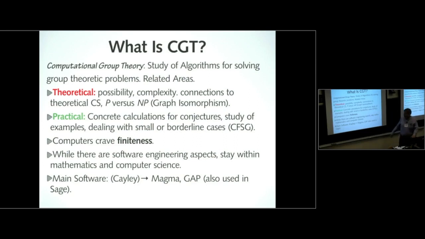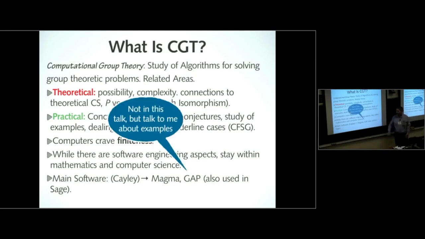There is a system Magma which comes from a predecessor Cayley. There is a system GAP which I'm involved in. This is also what is used in Sage. In this talk I'm not going to talk about GAP, but if you're interested in how to do things there, please talk to me. I'm very happy to show you more examples than you probably want to know.